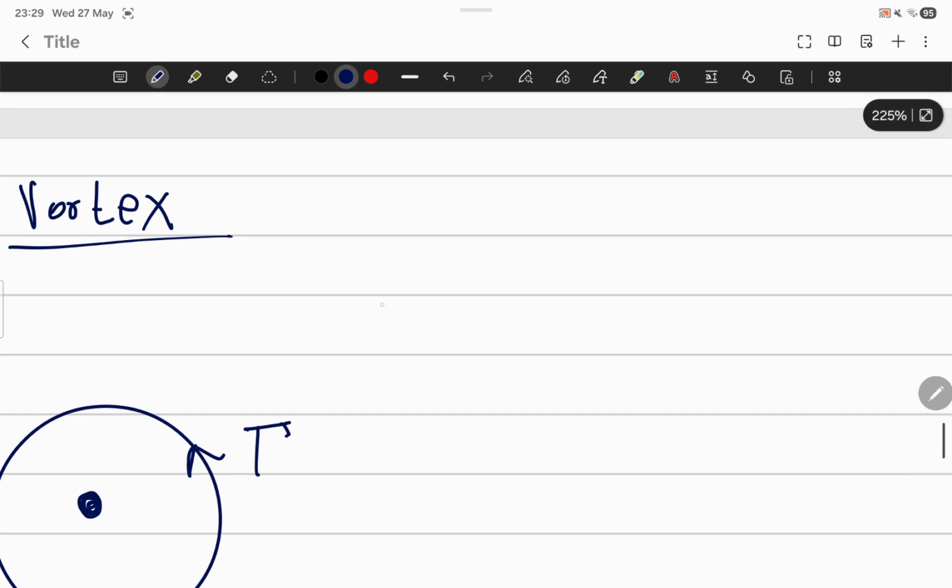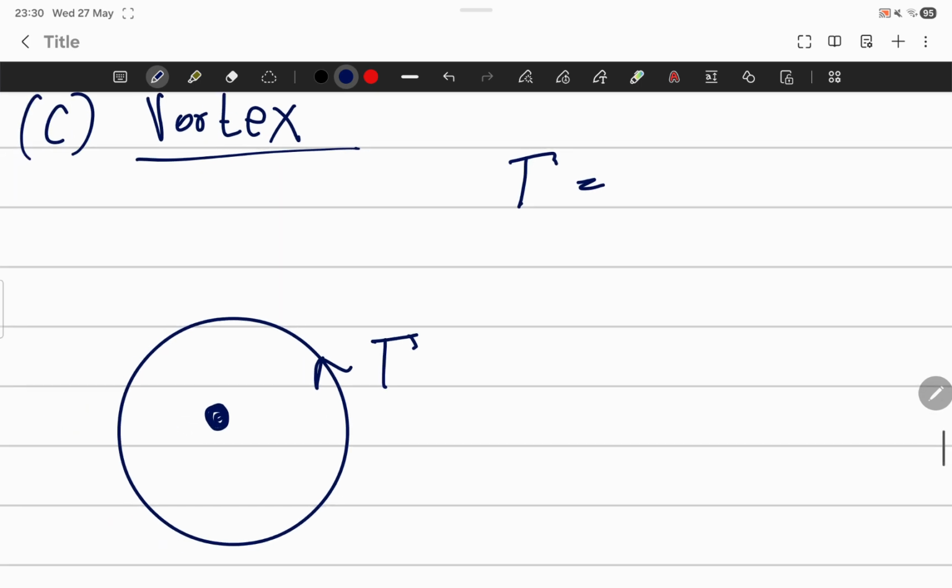So let's consider it has r, right? This is my polar coordinates r, and I have a velocity for this as 0 and this as u theta, right?